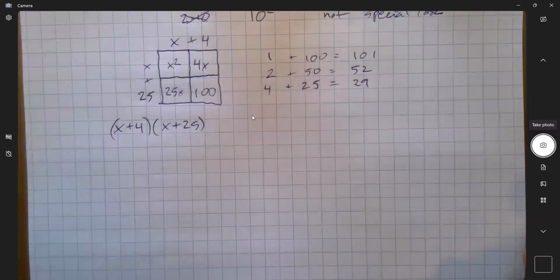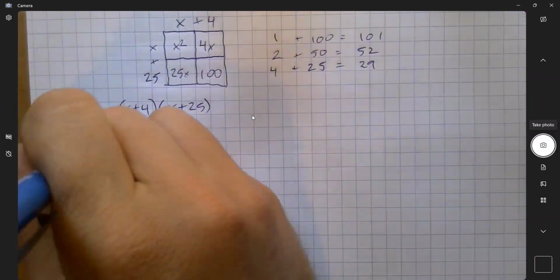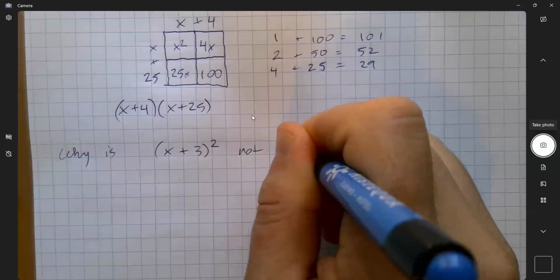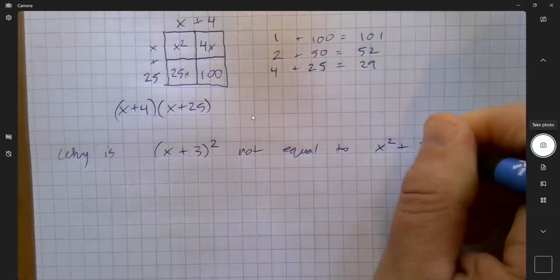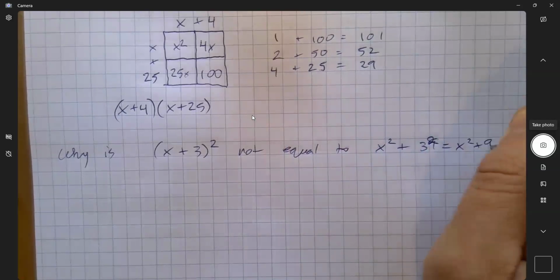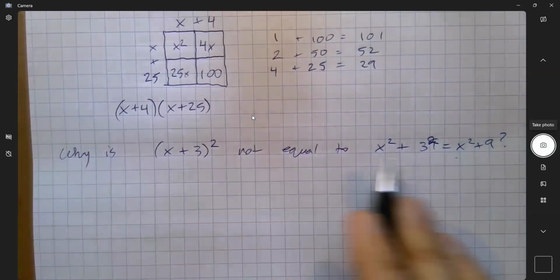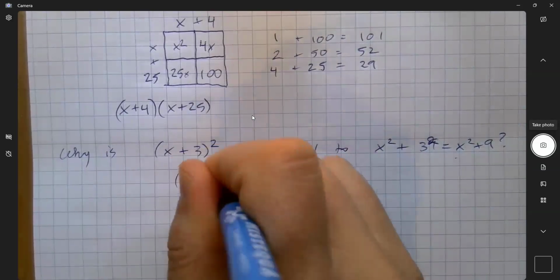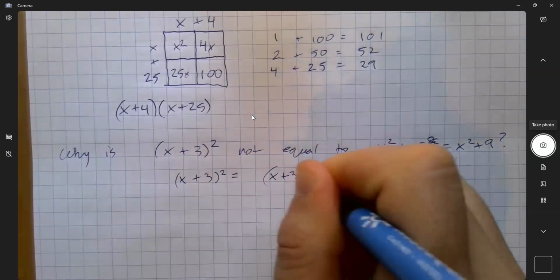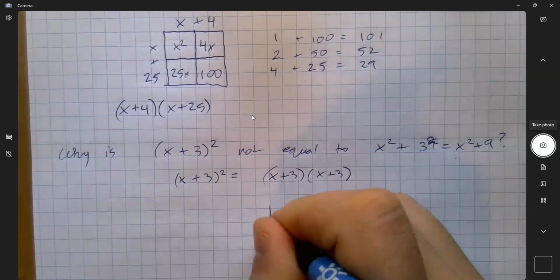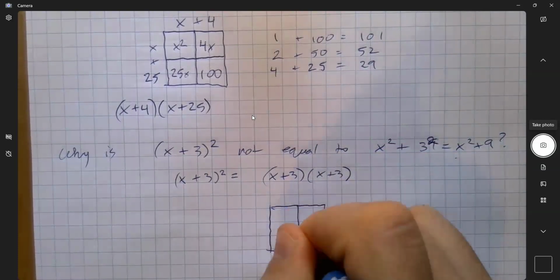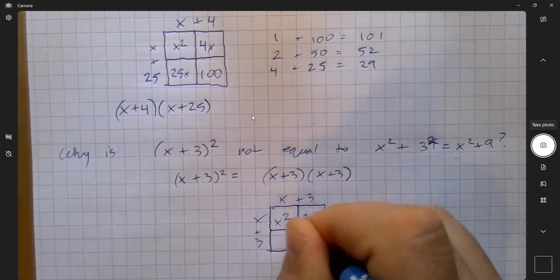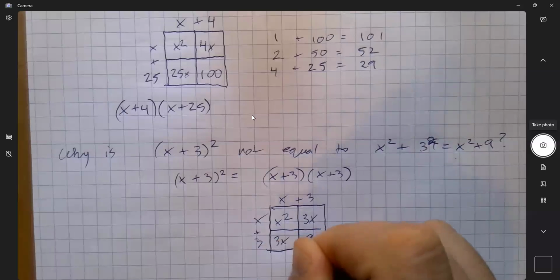One more thing to say about this special case is why is x plus 3 squared not equal to x squared plus 3 squared, x squared plus 9? It isn't. It's not equal to that. And the reason is exactly because of our special case. X plus 3 squared is x plus 3 times x plus 3, which, as I did earlier in this video using the box method, is x squared plus 3x plus 3x plus 9.